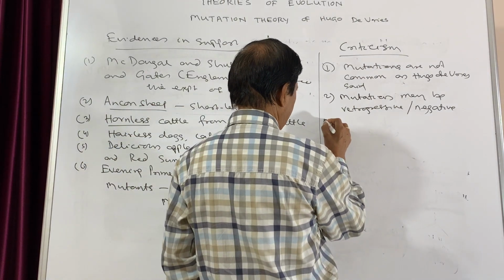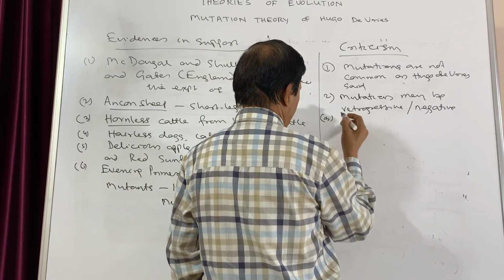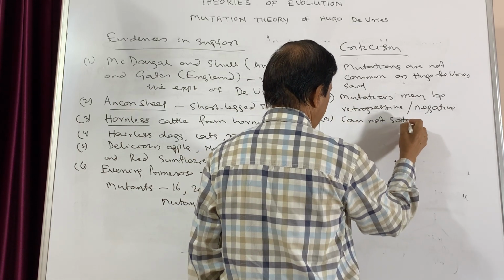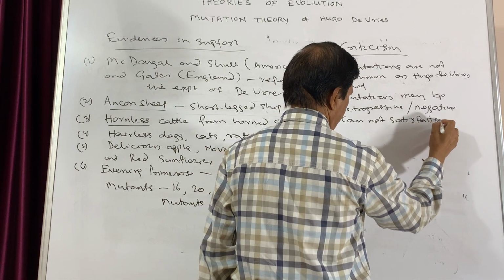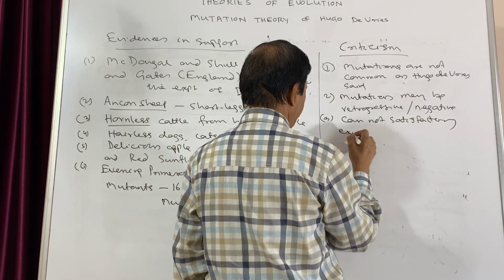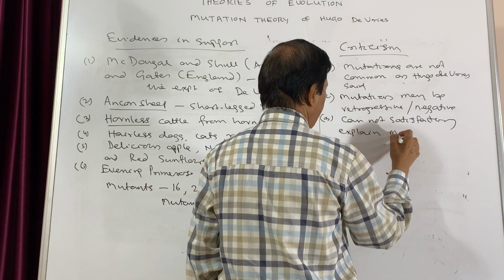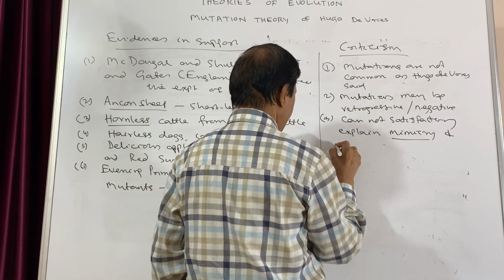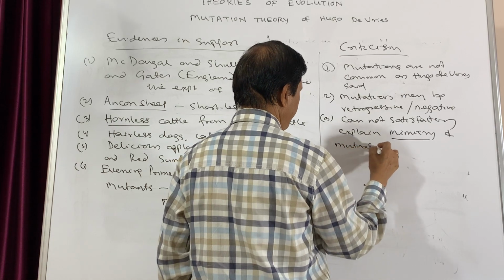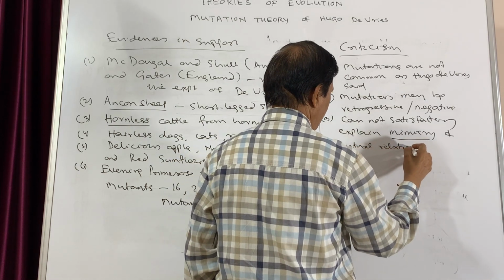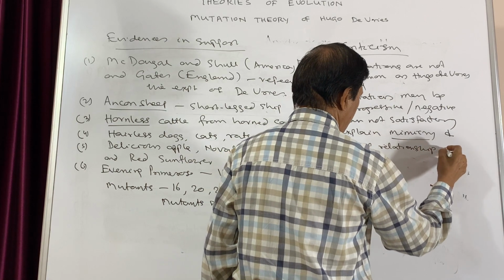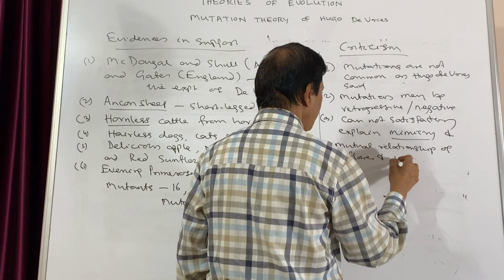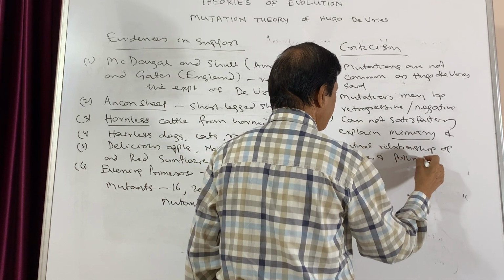Then coming to the third point, it cannot satisfactorily explain mimicry and the mutual relationship of a flower and pollinating insect.